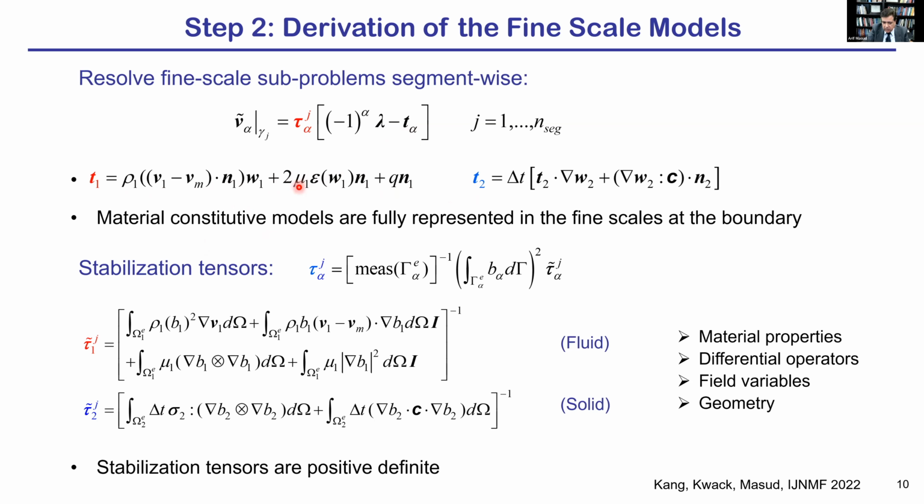In addition to this, an important thing that we see here is that the structure of the stabilization tensor appears naturally. And this stabilization tensor is a composite stabilization tensor, because on one side is fluid, and the tau for fluid has this particular form. And you can see that the operators of the Navier-Stokes equations are working on the fine scale functions, edge functions, to give us this expression.